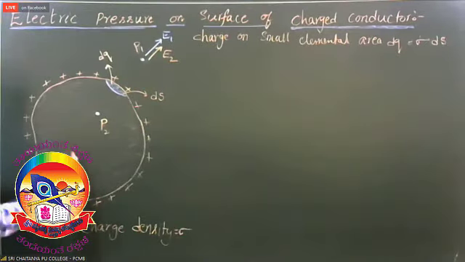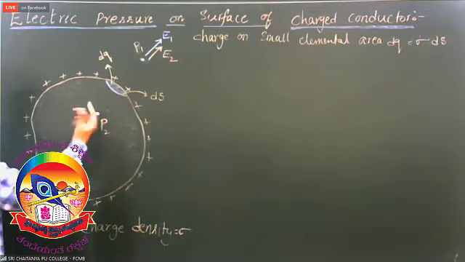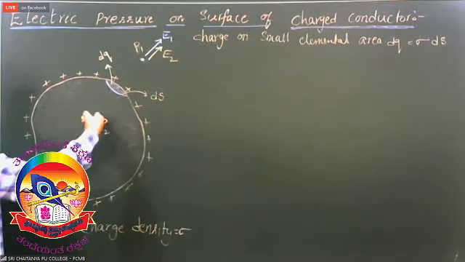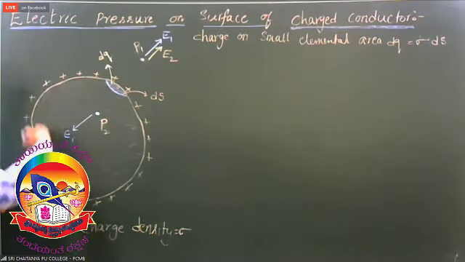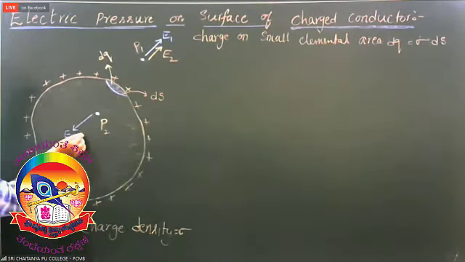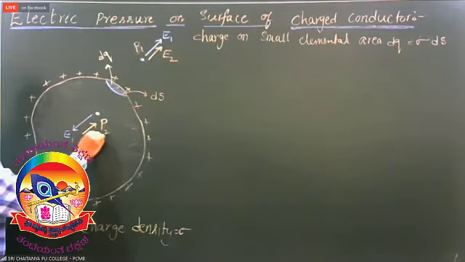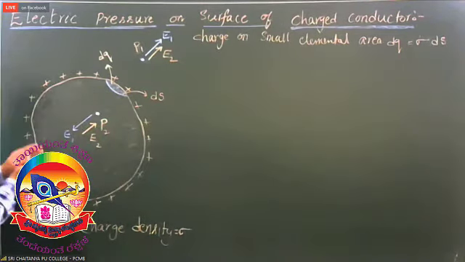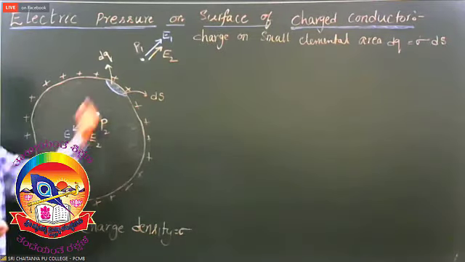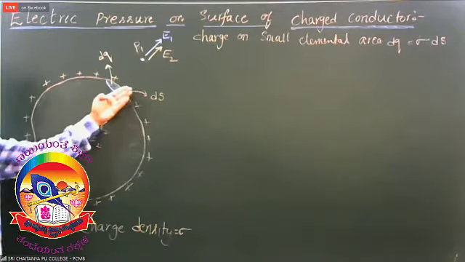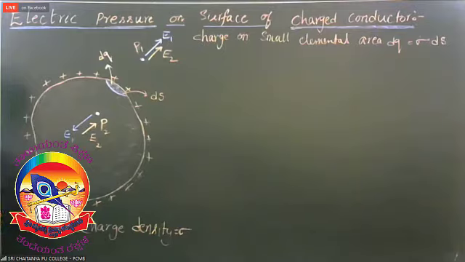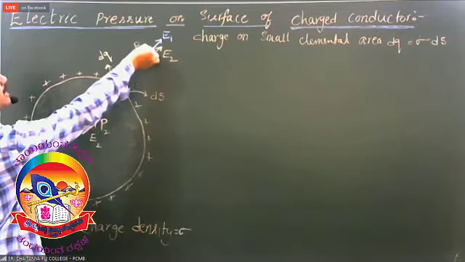In the same way here also, due to this small portion, as the charge is positive, the field is outward. Due to this remaining portion, the field is in this direction. Why, sir? This portion is greater on this side. Due to this portion, the field acts in this direction. Due to this small portion, the field acts outward. Clear? So, if you observe these diagrams, here both fields are in the same direction.